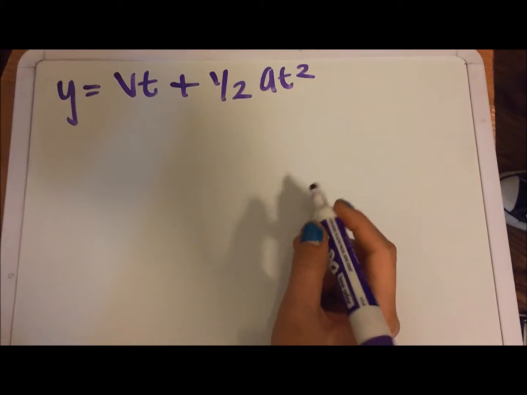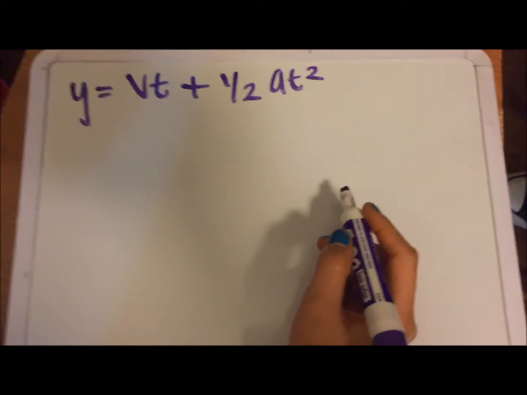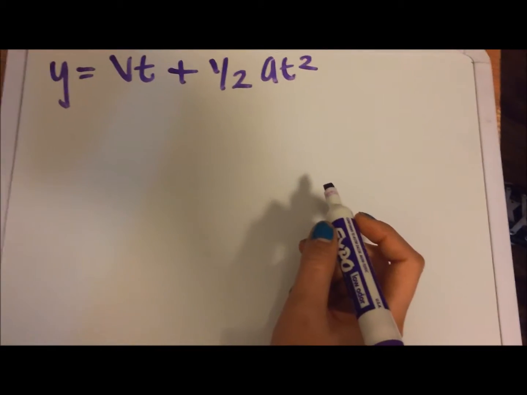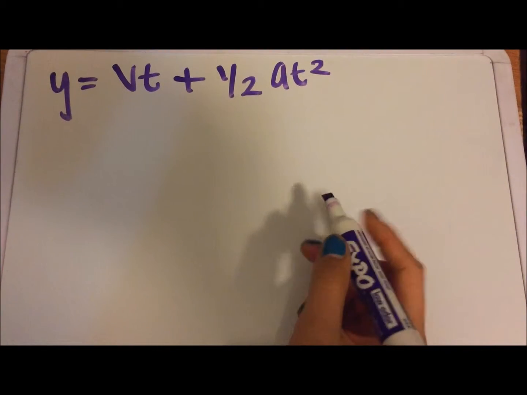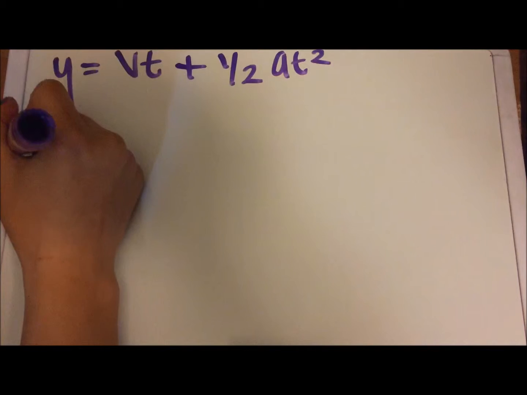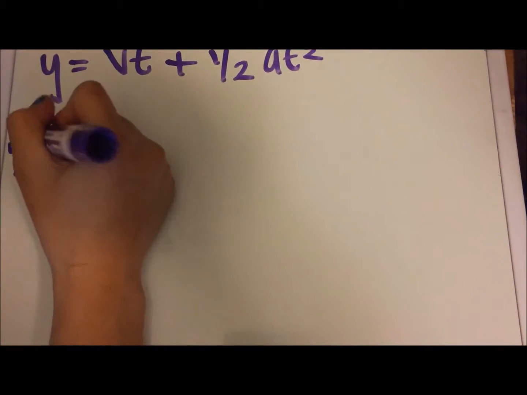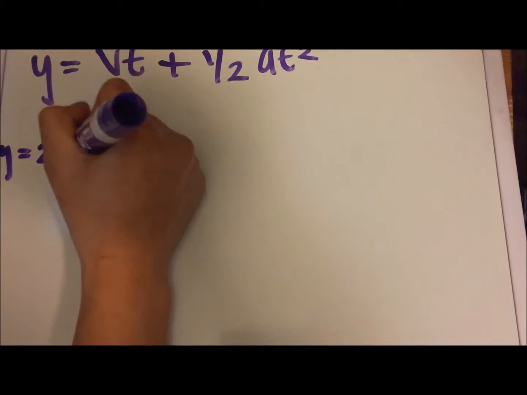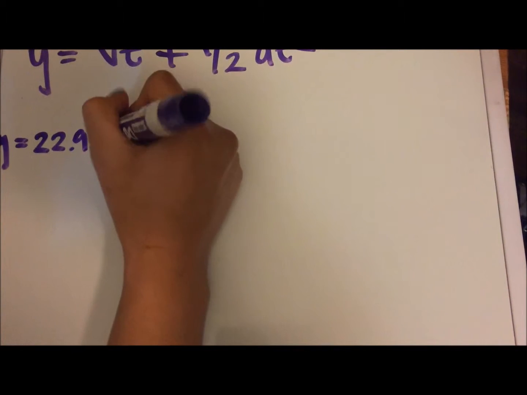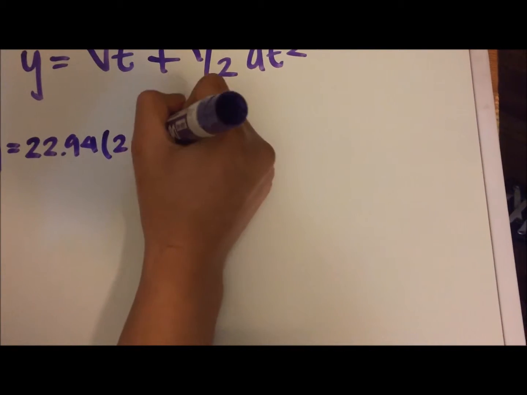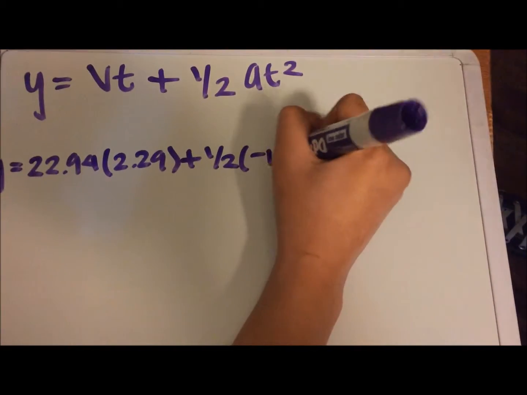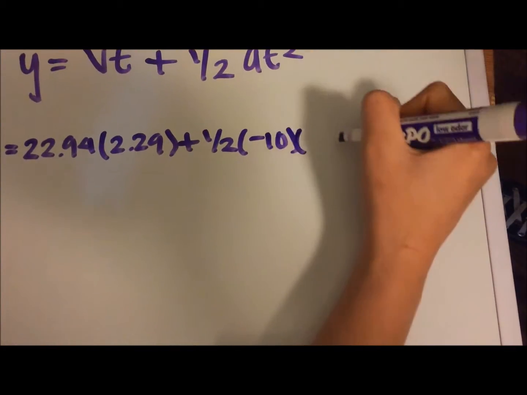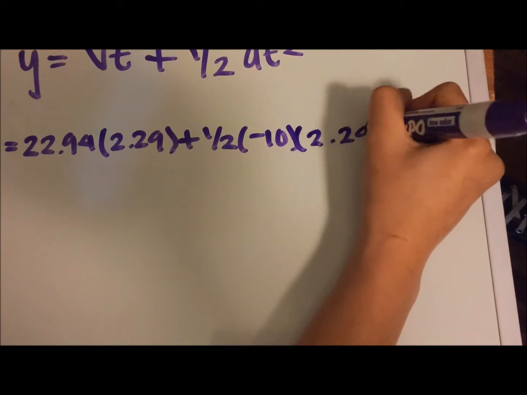So for this part, we'll be finding the maximum height. For that, you'll be using y equals vt plus half at squared. So you'll write down y equals 22.94 times 2.29 plus half times negative 10 times 2.29 squared.